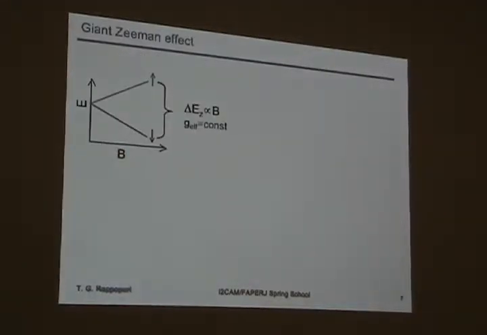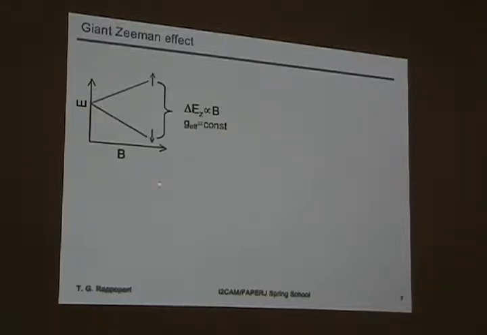So let's look at why we want to have this paramagnetic DMS. Because when you have a paramagnetic DMS, even if you apply a small magnetic field, the separation between spin up and spin down states in energy is huge. This can be understood by looking at the Hamiltonian in a mean field form. When you apply this field, you polarize the spins, and they act as an effective field for the carriers.